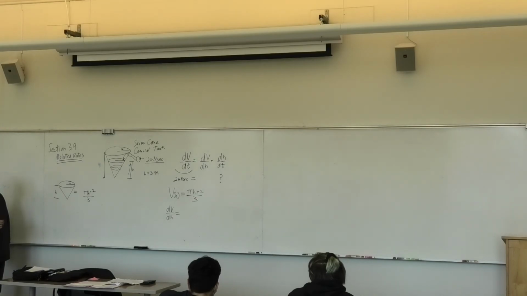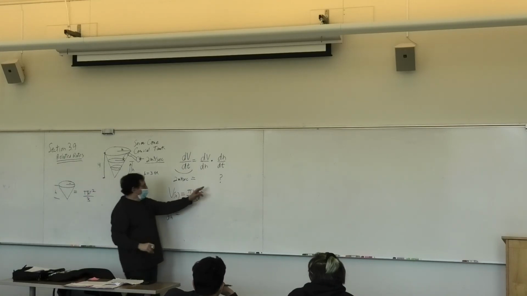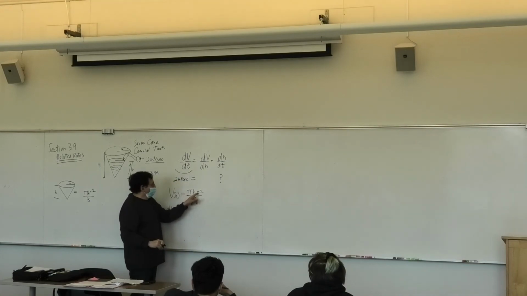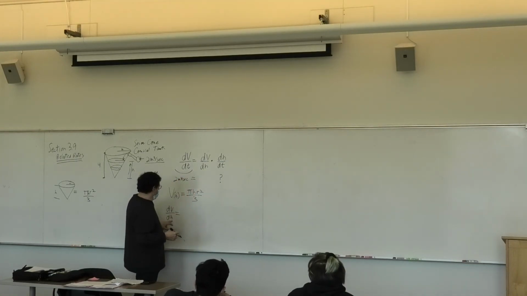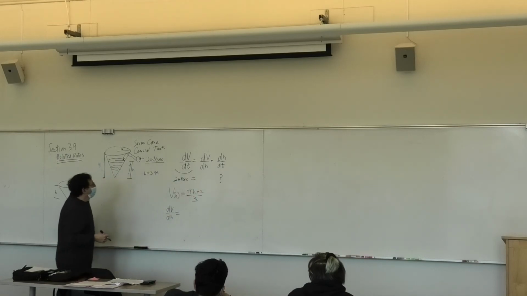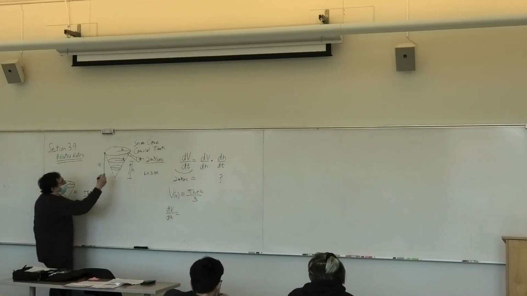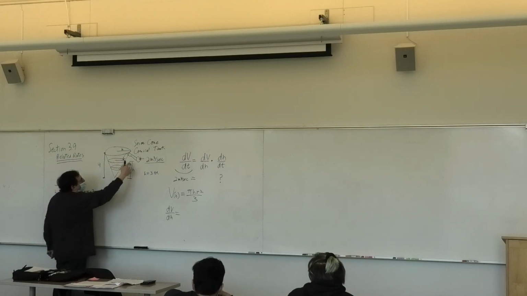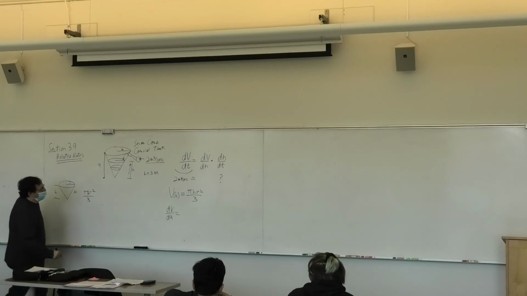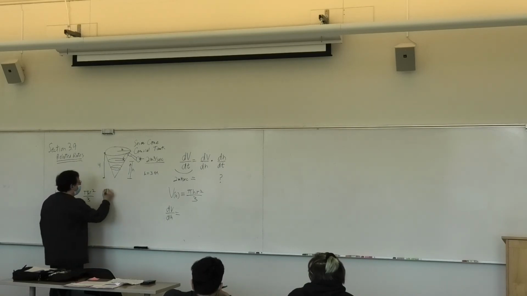I was about to make a terrible mistake and say, well, R, it's not H. It's not a constant, though, is it? We've got to find out what R is when the height is H. Any thoughts on this?